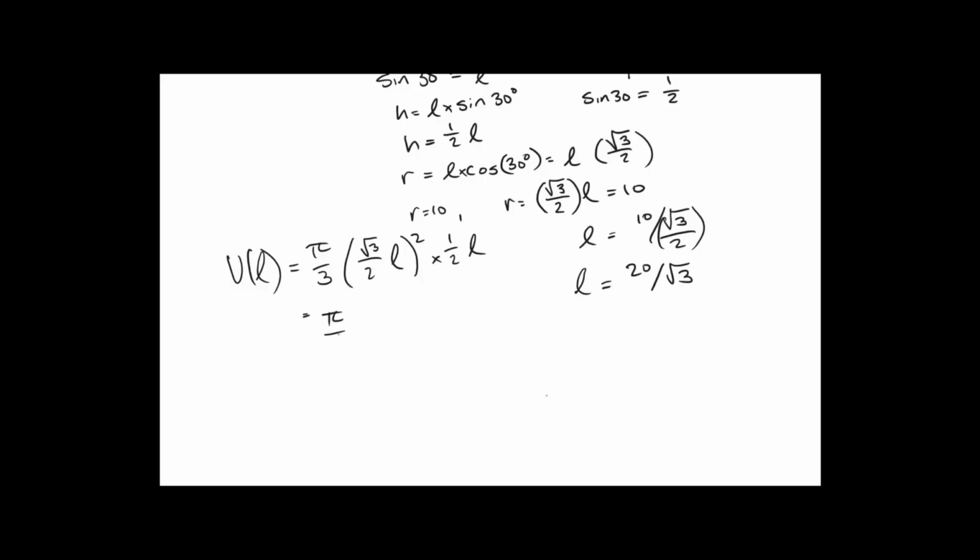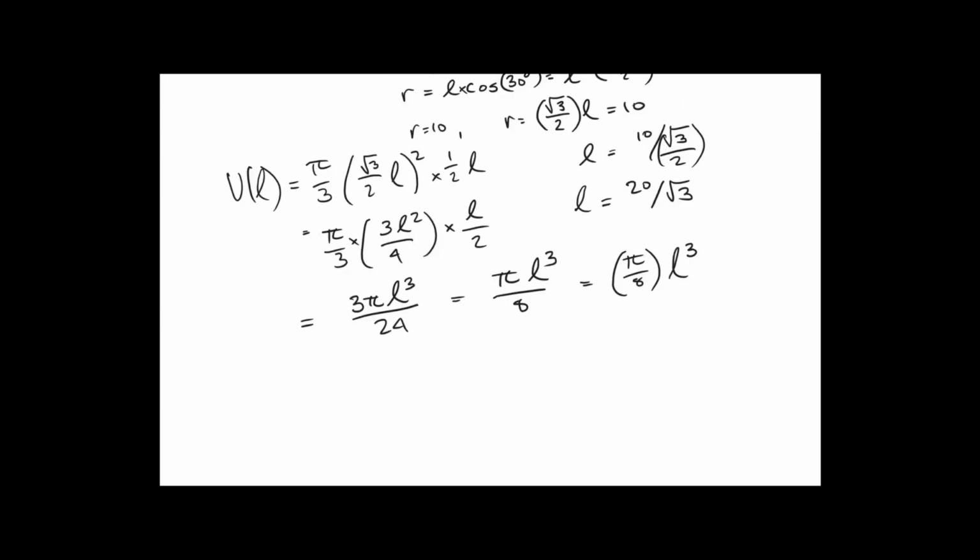So it's going to be pi over 3 times 3L squared over 4 times L over 2. And the reason I do that is so that we can multiply the top and the bottom. So it's going to be 3 pi L cubed over 3 times 4 times 2 is 24. So that's going to be pi L cubed over 8. And I'm going to rewrite that so we have the constants out the front. Pi is a constant.